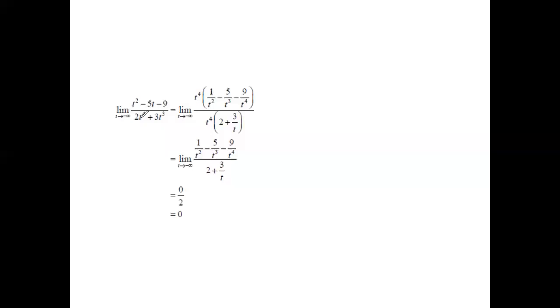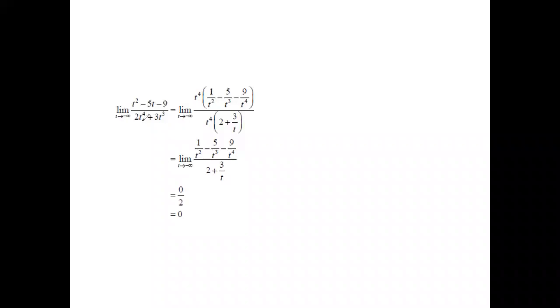To simplify into another form, we'll divide all the terms in the denominator and the terms in the numerator by the highest power of t in the denominator, okay? Good. And I like the way it's been done here. You see, it's quite simple.